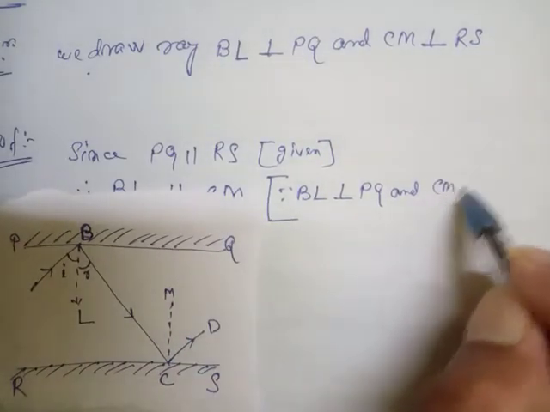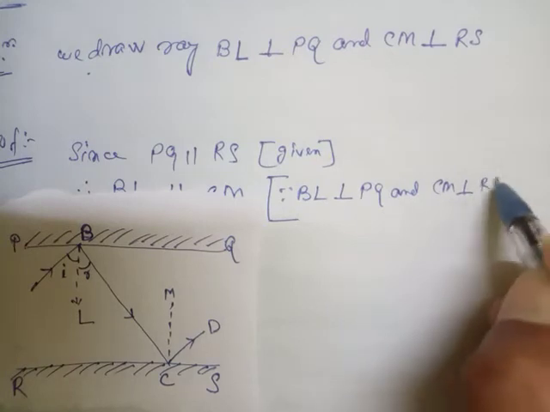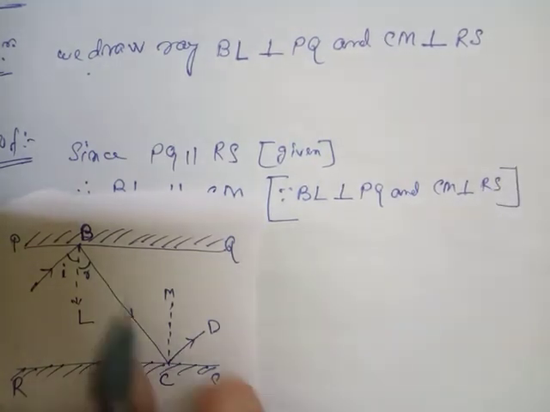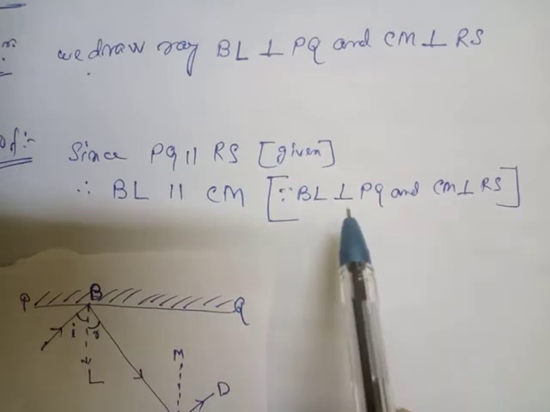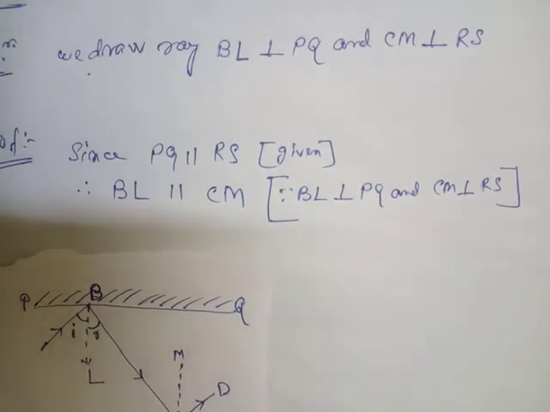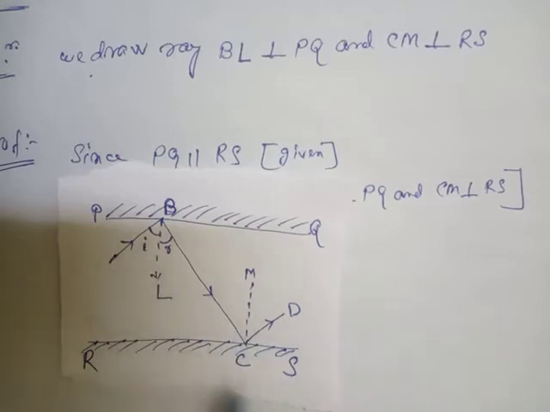CM is perpendicular to RS. This is from construction. Whether you write this line in full or you can write directly from construction. Now student, look here that BC is the transversal.